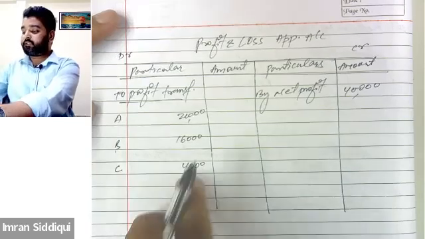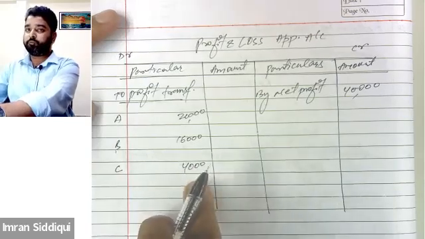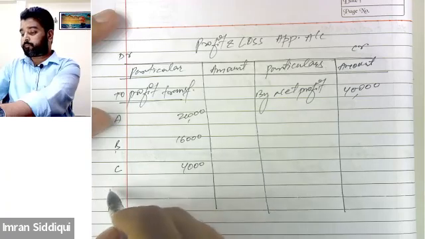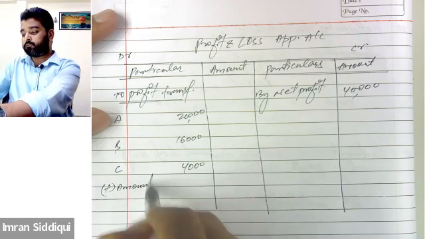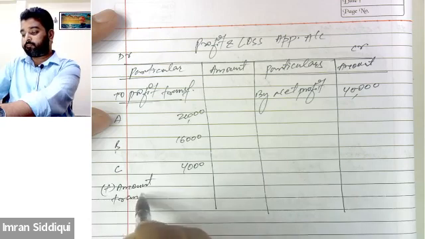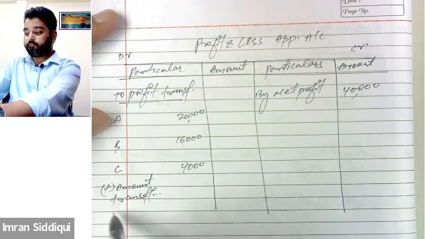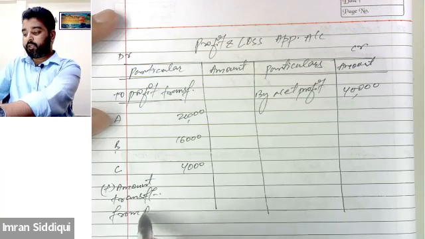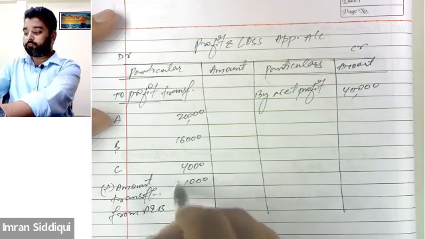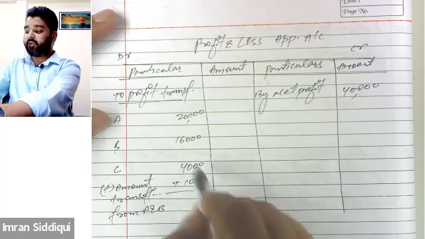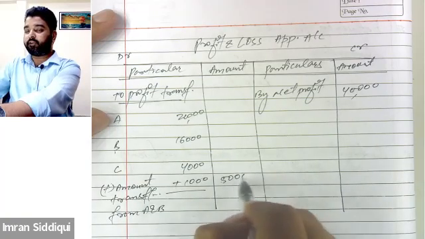But since there is a deficiency and this deficiency needs to be borne by A and B, we will add the amount transferred from A and B collectively, 1,000. So the total amount written in the final column will be 5,000.